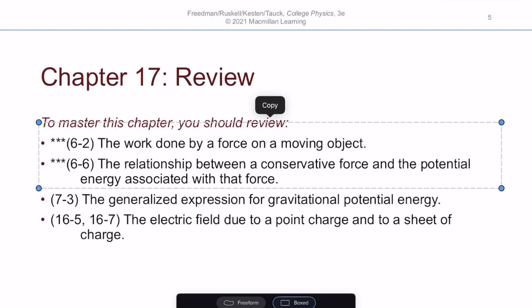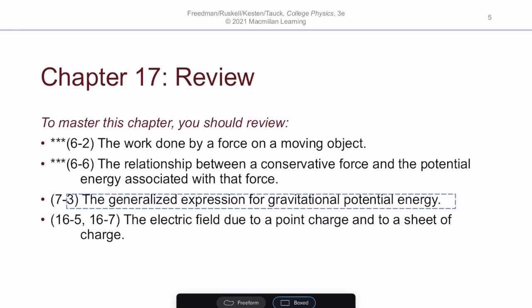The relationship between a conservative force and the potential energy, and I'll go over that in the next couple slides. As far as the generalized expression for gravitational potential energy, you don't really need to remember that, but there is an analogy between gravitational potential energy and electrical potential energy. So that may help you with some conceptual understanding.